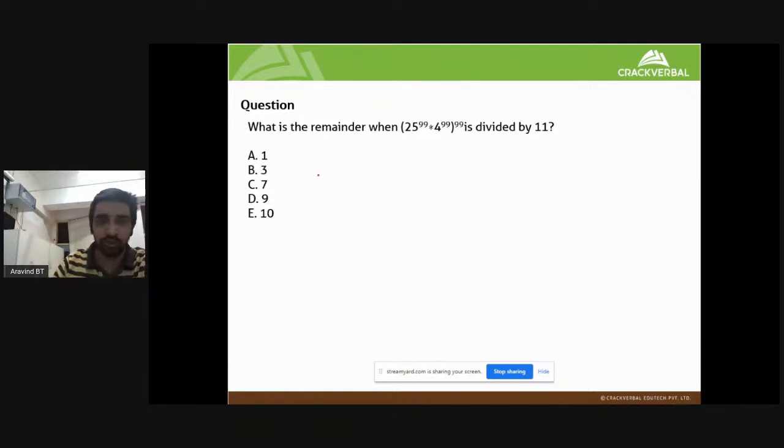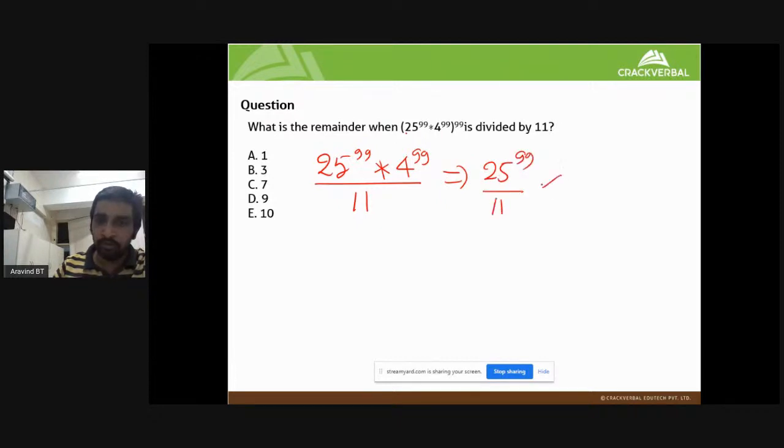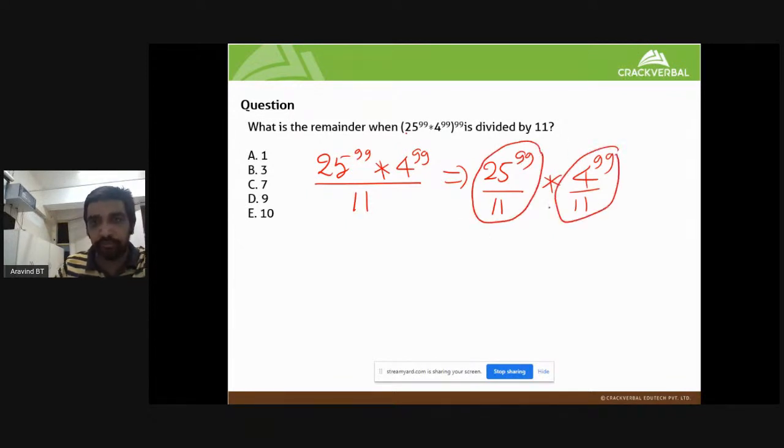We'll quickly go through this question. 25 power 99 into 4 power 99 divided by 11, right? I will use the remainder rules and say 25 power 99 by 11 into 4 power 99 by 11, and try to find the remainder of each part using the remainder cycle.